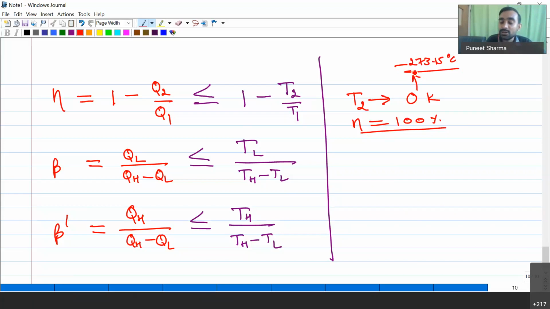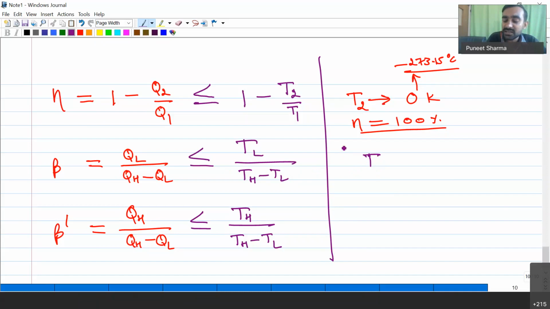So this is not physically possible to achieve. Because of that, the efficiency of a heat engine can never be 100%. Then if I talk about COP, when the temperature which we want to maintain, one of the temperatures, goes to 0 Kelvin, our COP becomes infinite.